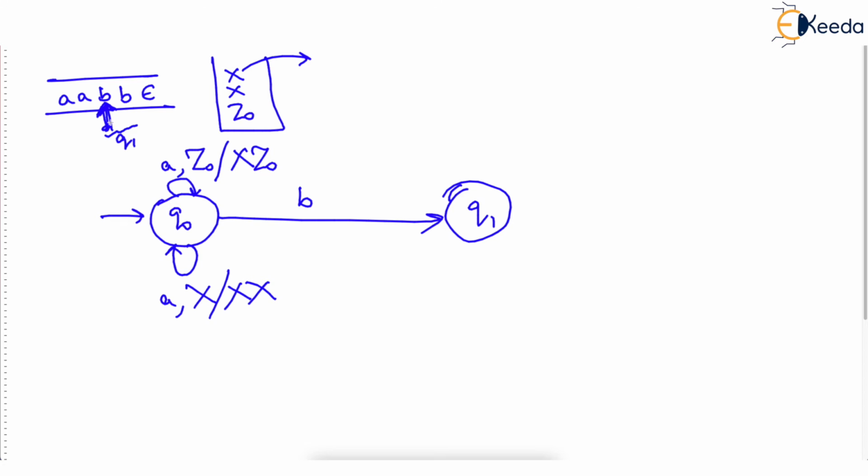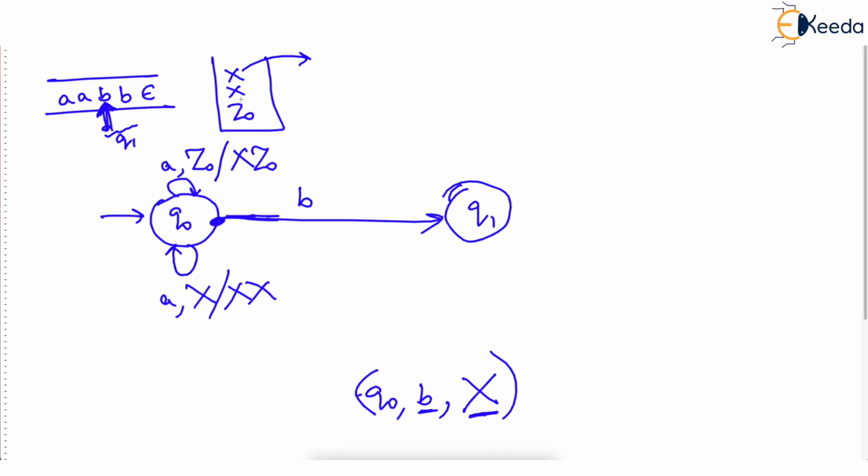When you are reading a B in Q0, we are still in Q0 state and Q0 is reading the first B. At that point of time, what should be the top of stack? Just check my words, top of stack has to be X. When you are reading a B, top of the stack has to be X. It can't be anything else.